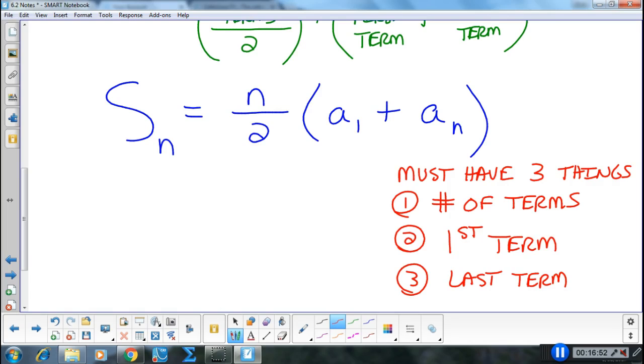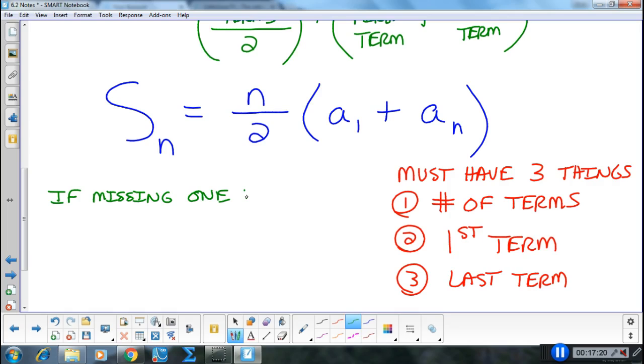What happens if you don't have the third one? What happens if we're missing one? Do we just punt?